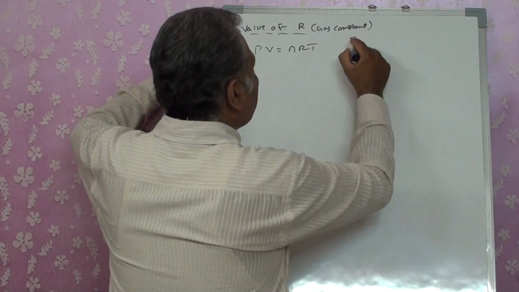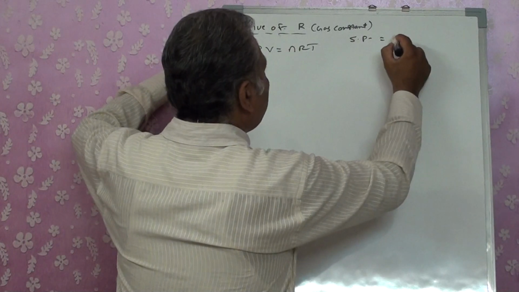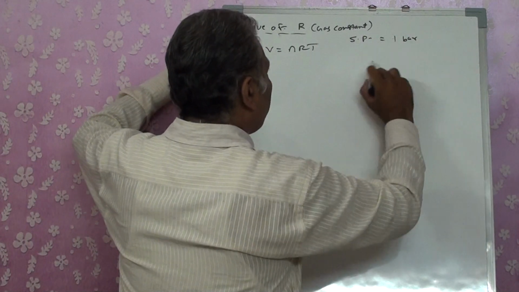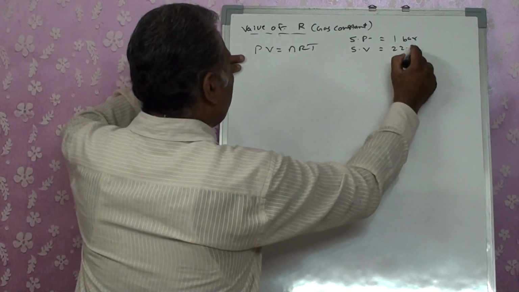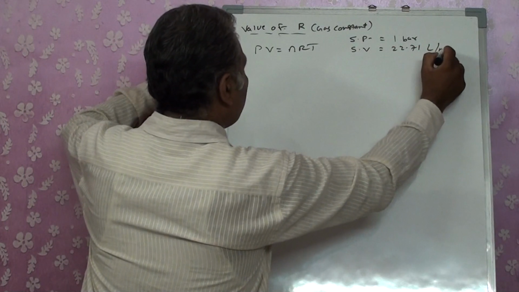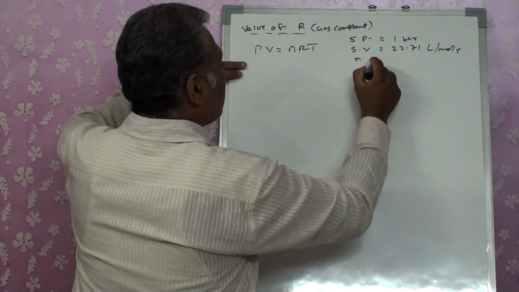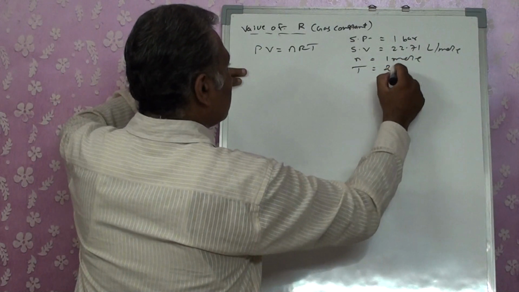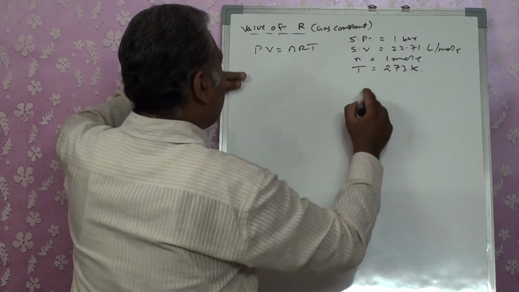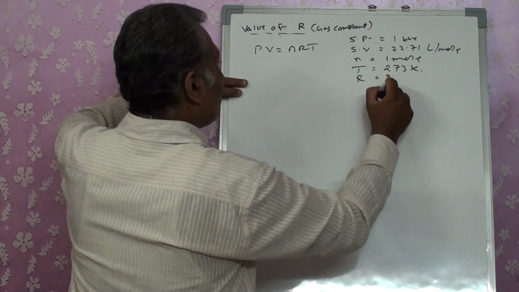We know standard pressure, that is 1 bar, right? Standard volume, that is 22.71 liters per mole. n, that is 1 mole. T, that is 273 Kelvin. R, we want to calculate.